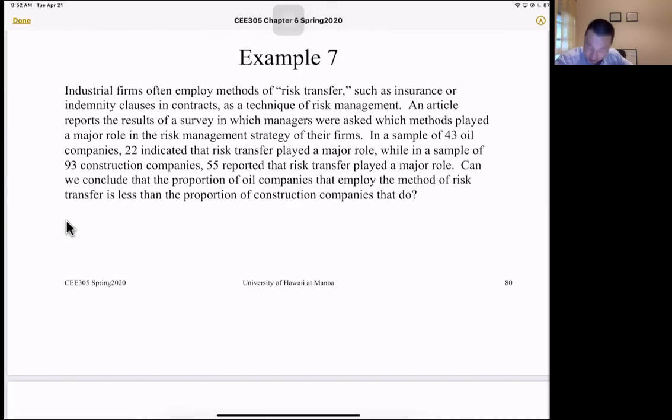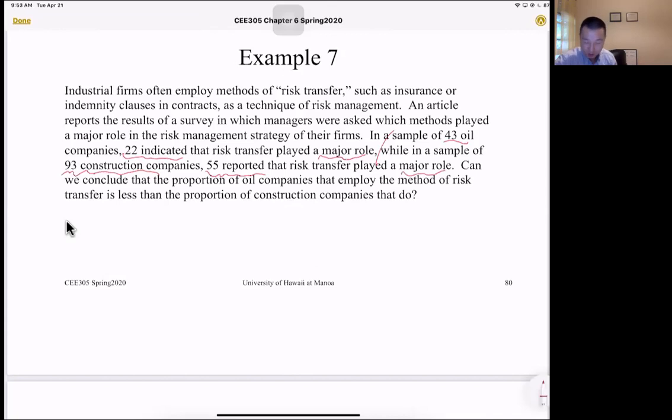In a sample of 43 oil companies, 22 of them say risk transfer plays a major role. In another sample of 92 construction companies, 55 report that risk transfer plays a major role.